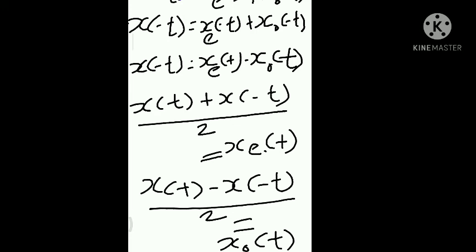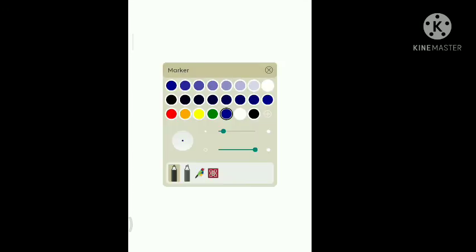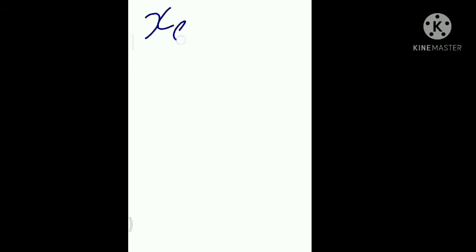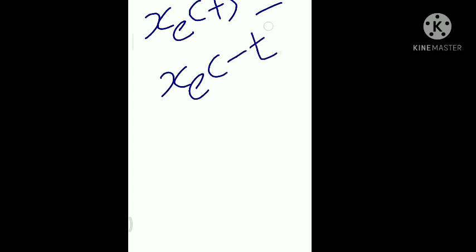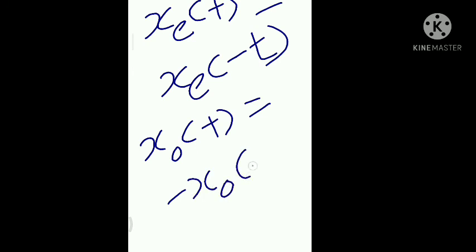Now we know that x_e(t) is equal to x_e(-t). That means folding or time reversal does not make any difference for the even part, and x_o(t) is equal to minus x_o(-t).